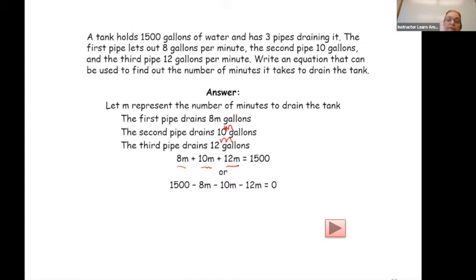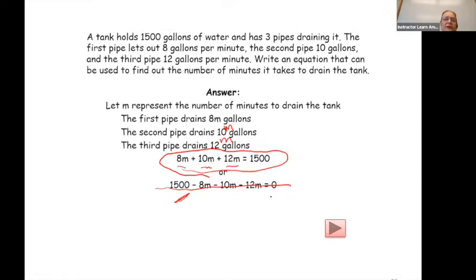Now, this can also be represented another way, but frankly, I think that most people are going to find this the most reasonable way to represent the equation. The second one is trying to express the idea that if you take the total number of gallons and take away the amount the first pipe removes, and then what the next pipe removes, and then what the next pipe removes, you wind up with 0.